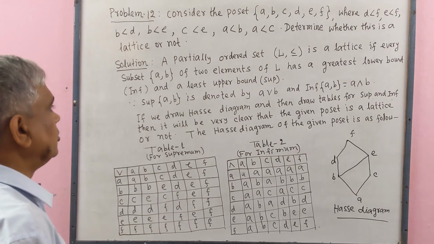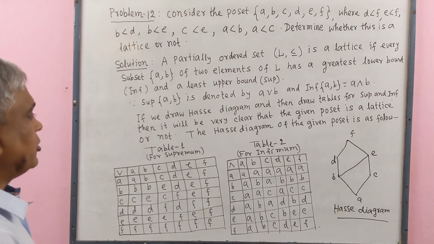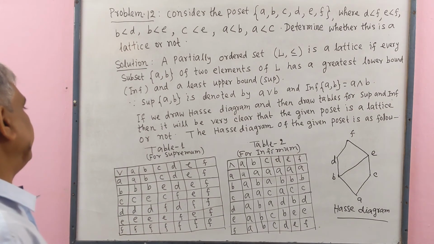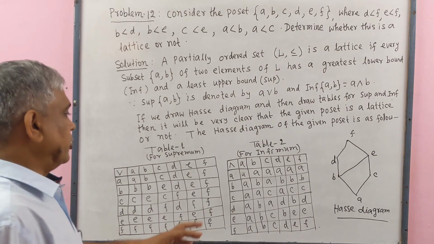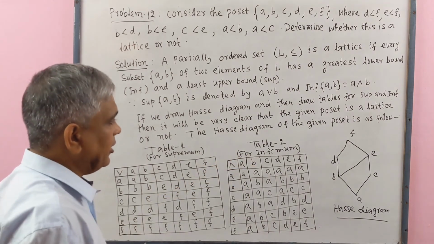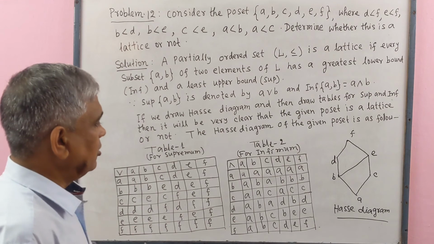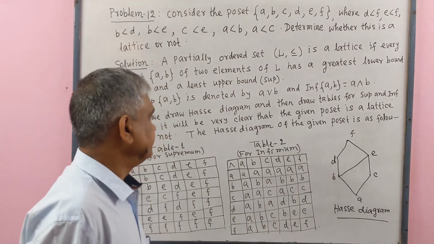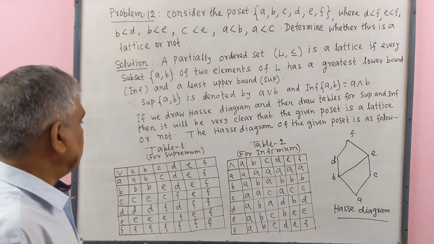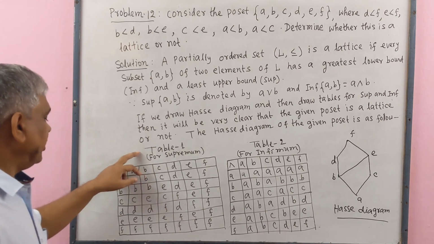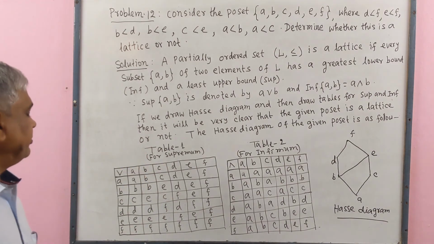Now we draw the tables for supremum and infimum for each pair of elements of the Hasse diagram. We get table 1 for supremum.